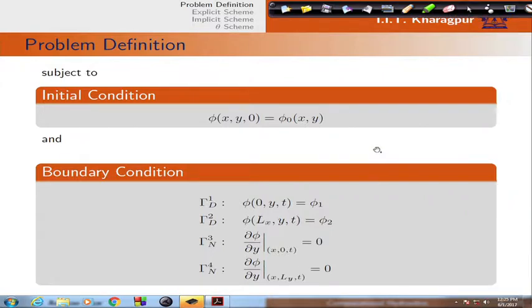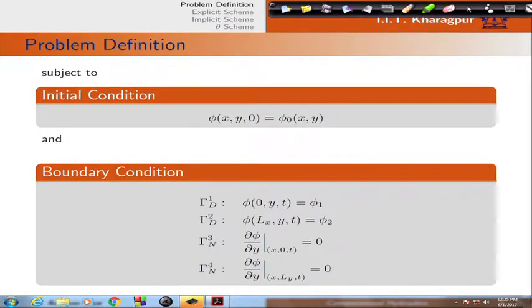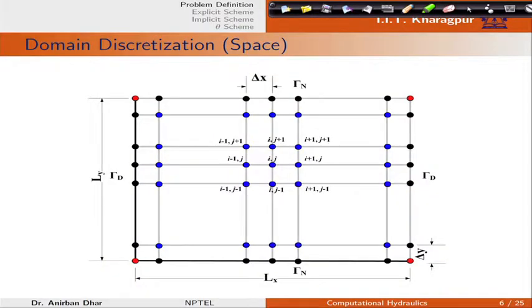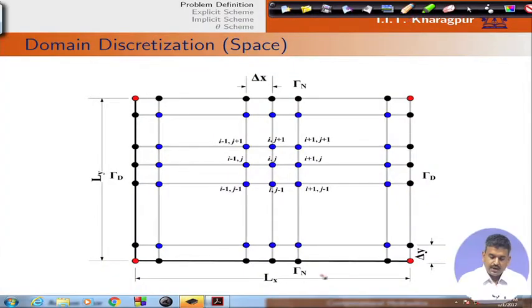Now, we need to discretize this system with finite difference approximation. So, first of all, if you consider domain discretization, then we can define this Lx and Ly with del y and del x as space intervals in y and x directions.